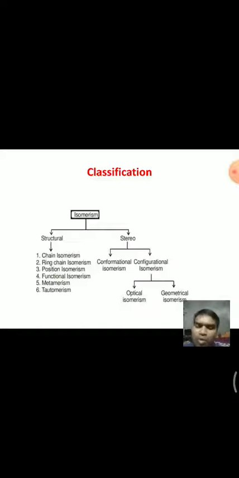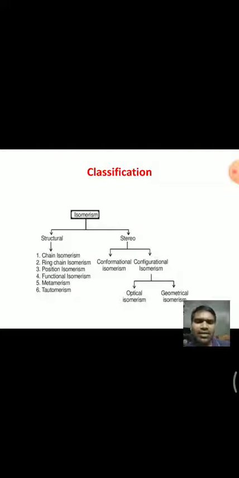The stereoisomerism is again classified into conformational isomerism and configurational isomerism, and the configurational isomerism is again classified into optical and geometrical isomerisms. Okay, leave the second, that is stereoisomerism.